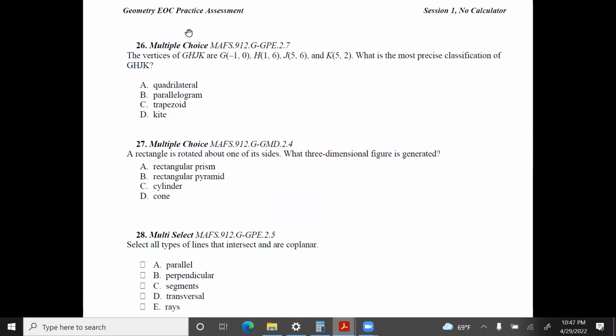On 26. The vertices, and they give us a bunch of vertices. What is the most precise classification of that quadrilateral? There's 4 points, so this should be a quadrilateral, but graph it so you can see it.